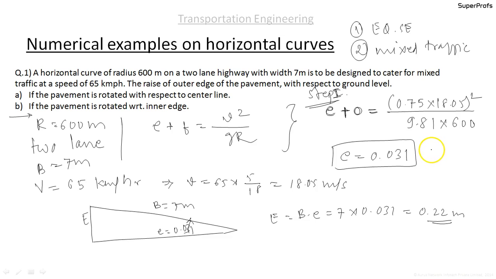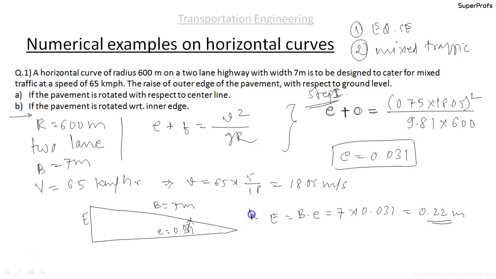Usually Emax is 7%, but it is not given, so we need not compare it with Emax. The question here is mainly asked to understand that if the pavement is rotated about the inner edge, then 0.22 meters is the raise in the outer edge.